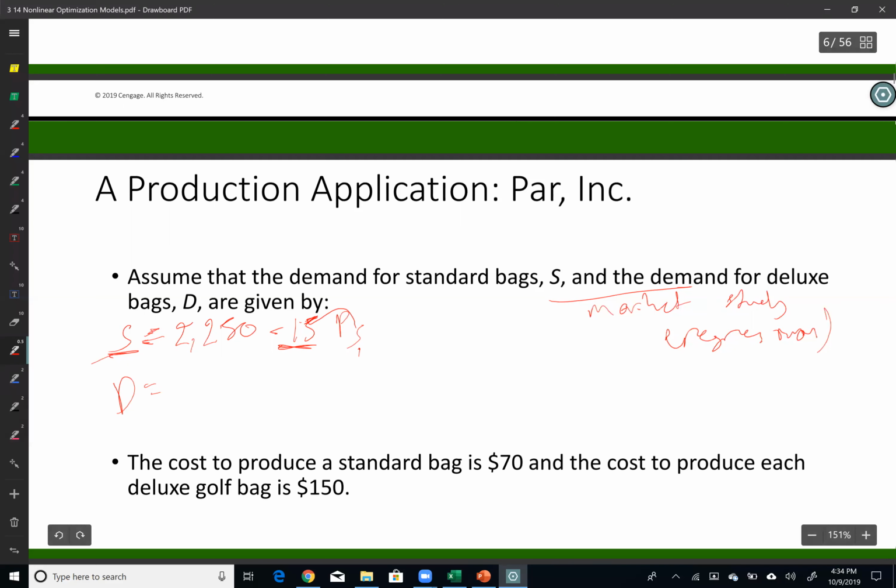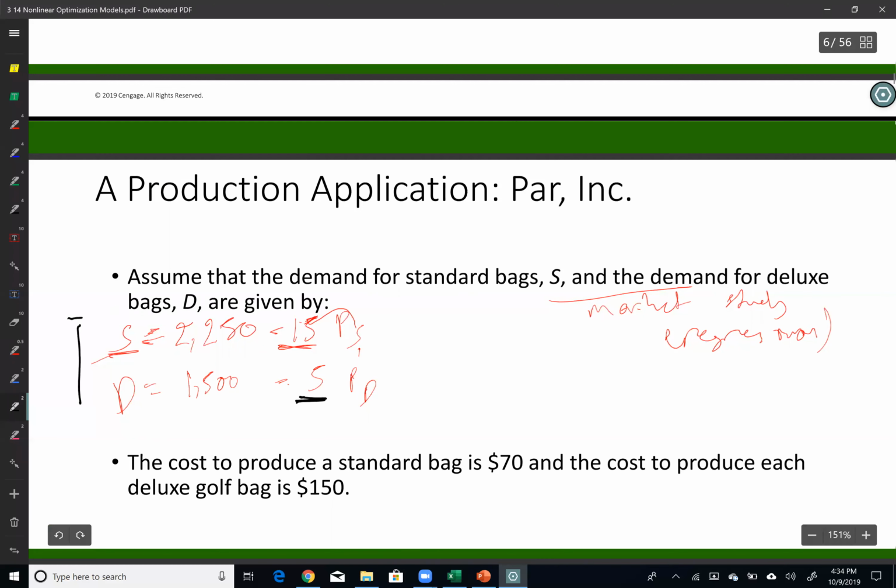Let's do the same thing for the deluxe bags. This is D = 1,500 minus 5 times P sub D. Every dollar increase in the deluxe bag price will decrease my quantity demanded by 5 units.